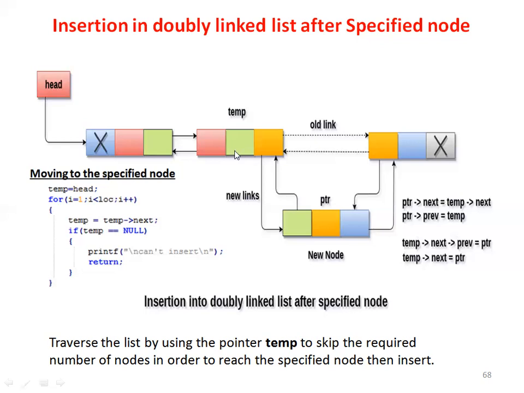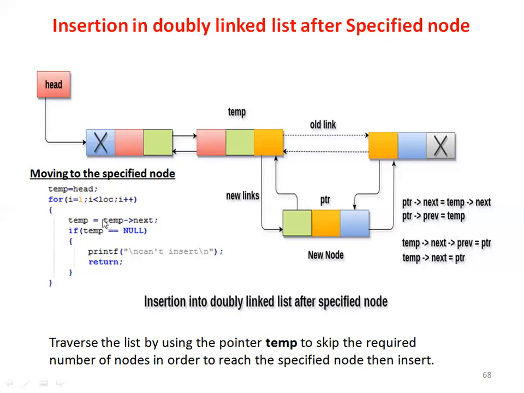Then again here we are checking if temp equals null, then we have to print this error message that the insertion cannot be done, because while traversing from the first node till the desired position, if that position is more than the number of nodes in the original doubly linked list, then we cannot insert.